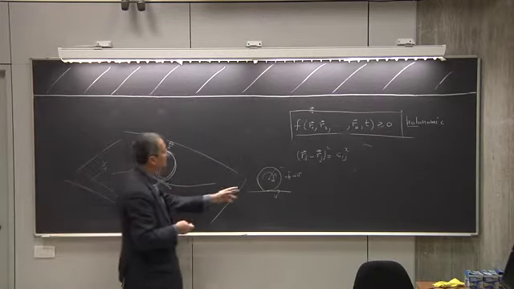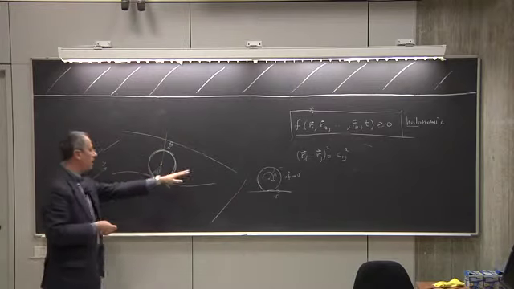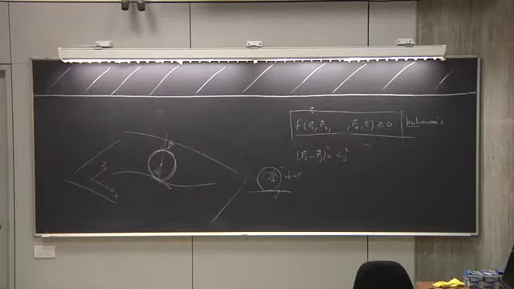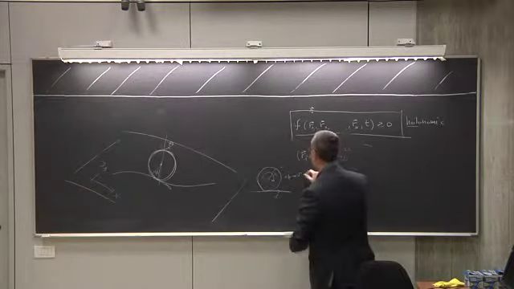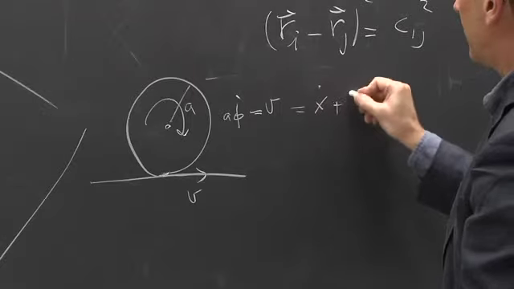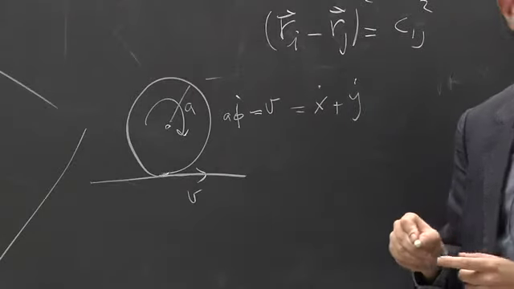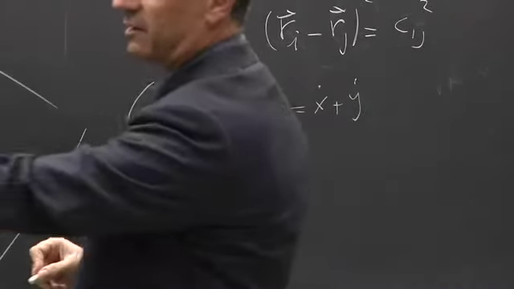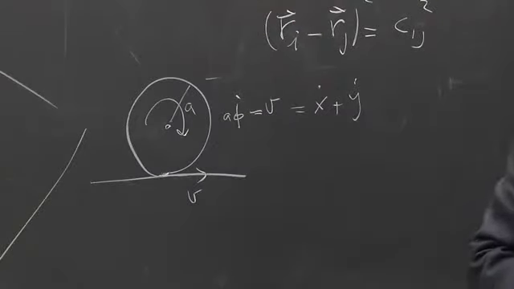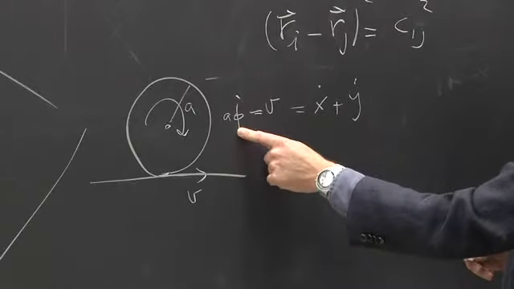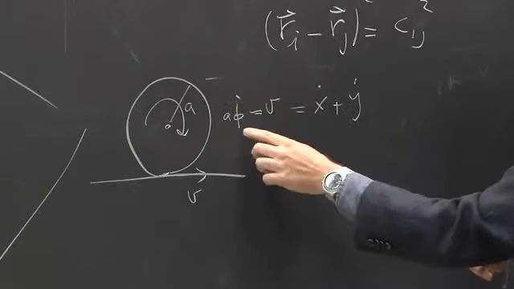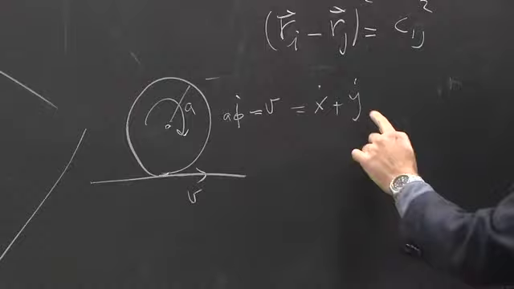So if I say now that this disk is rolling on this plane, I'm giving you a constraint. Because you see, V in this case is going to be x dot plus y dot, right? If I call the position here x in terms of Cartesian coordinates. So it looks like I'm connecting your, you had 4 coordinates, but one seems to be connected to the others.